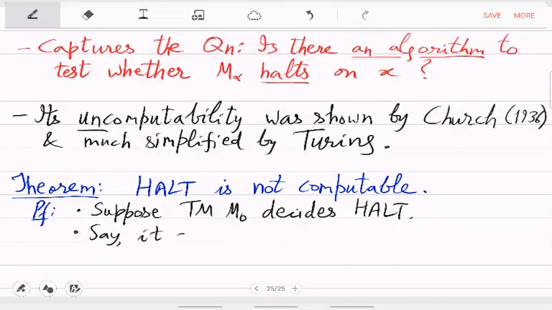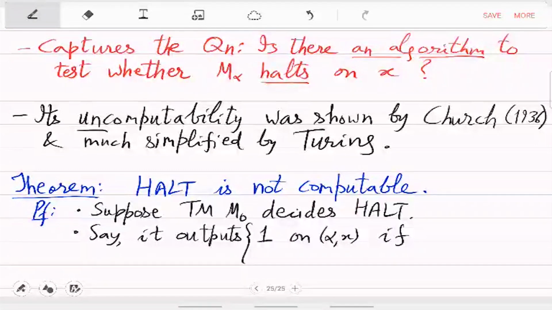Say it outputs 1 on alpha comma X, if M alpha on X halts. 0 if M alpha on X does not halt.